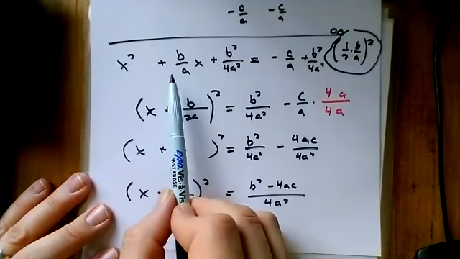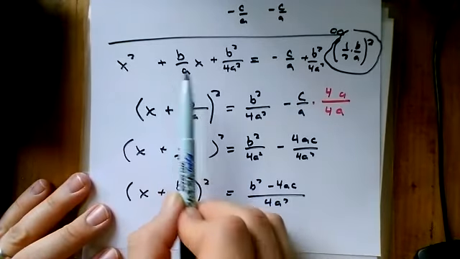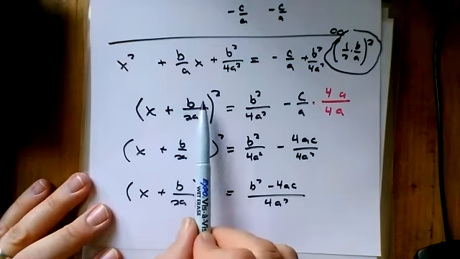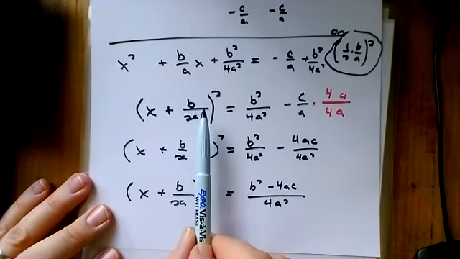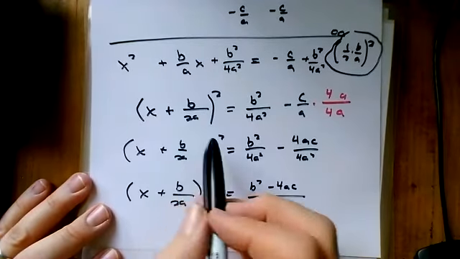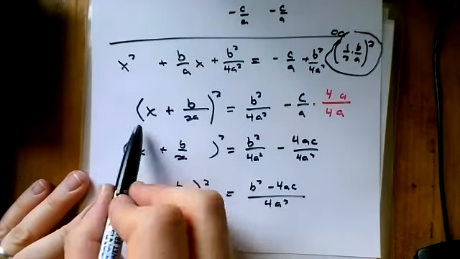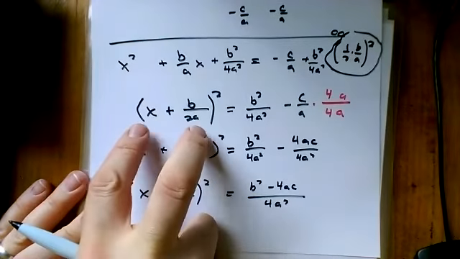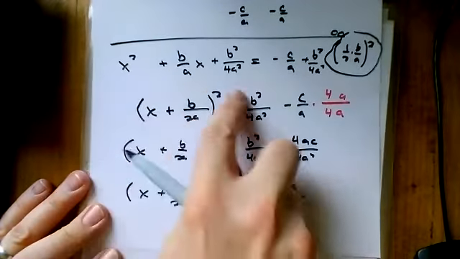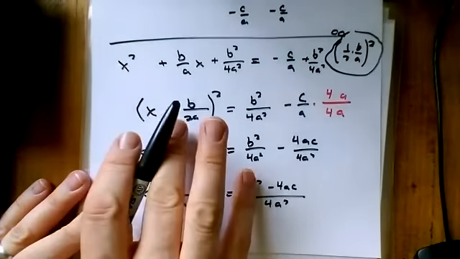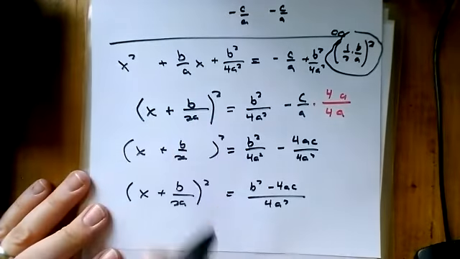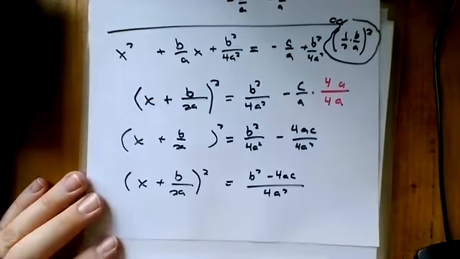But we took half of this because I know that half of that is what should be in this perfect square trinomial. It might work better to confirm it for yourself if we were to take this and FOIL that out and we'd come up with this. But let's move ahead with this for now.